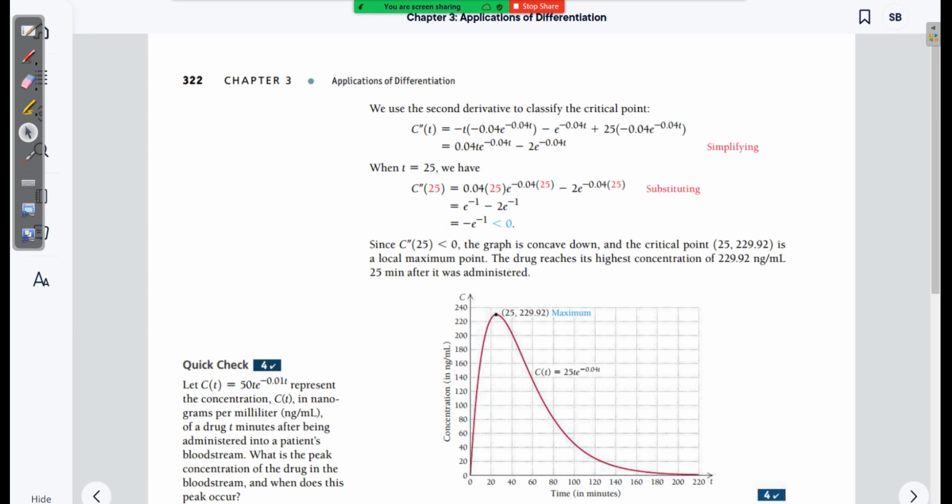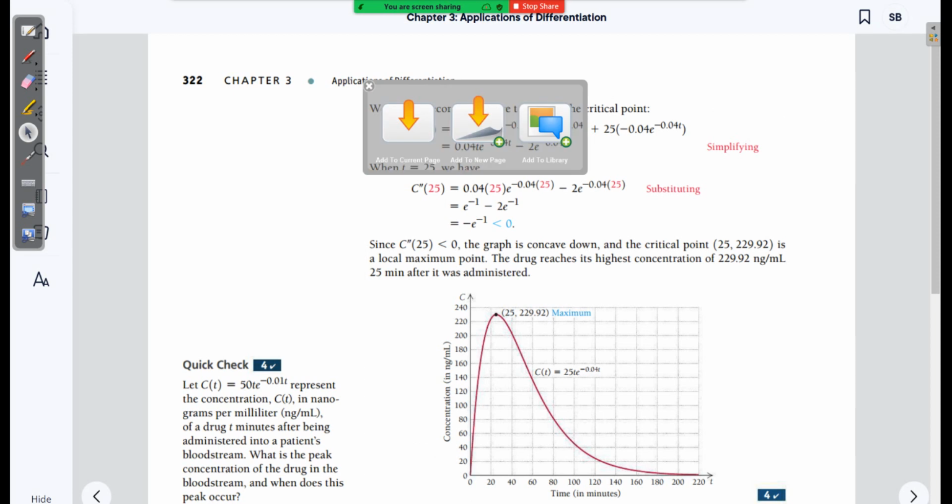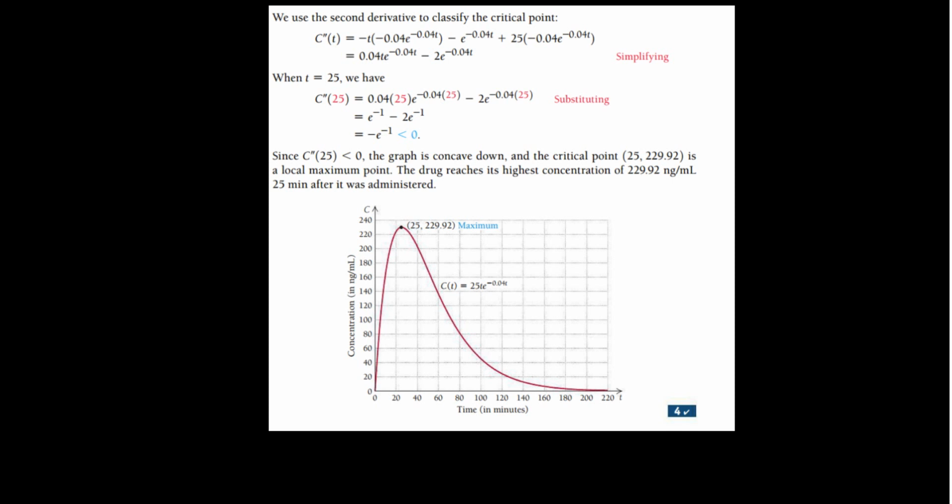I'll put it on the next page. And of course, you see that indeed the value 25 that we got was a maximum.